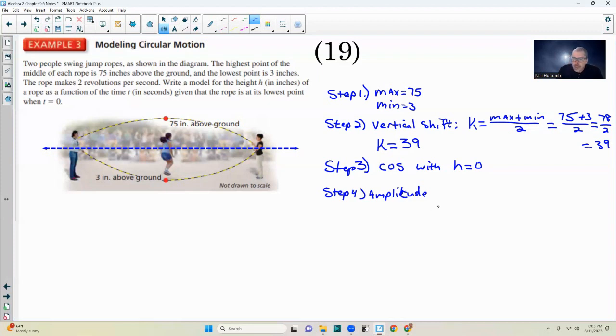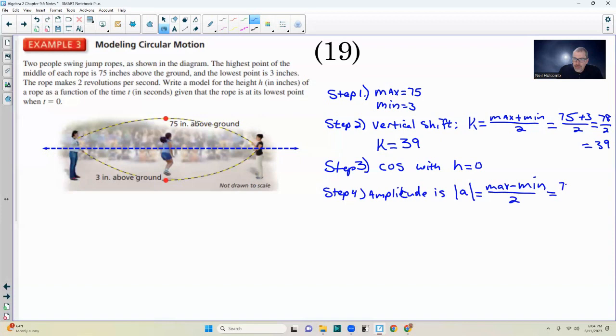Okay, amplitude is the absolute value of a equals maximum minus minimum divided by 2. So be careful: when you're looking for h, it's maximum plus minimum divided by 2. When you're looking for amplitude, it's maximum minus minimum divided by 2.